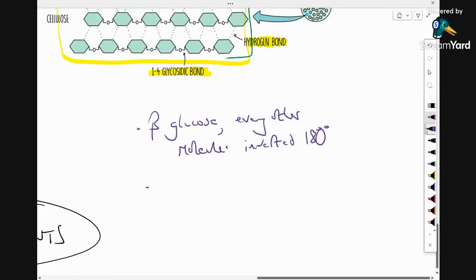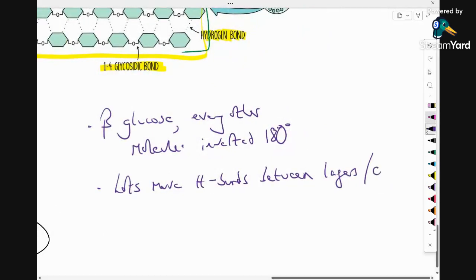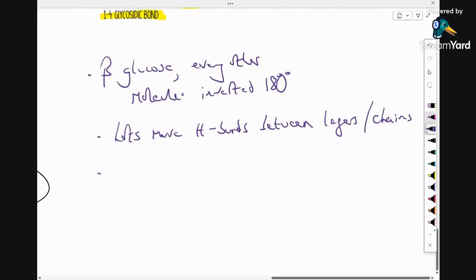This allows for thousands, lots more hydrogen bonds between layers or chains. This makes it very strong. Lots of hydrogen bonds are very strong.